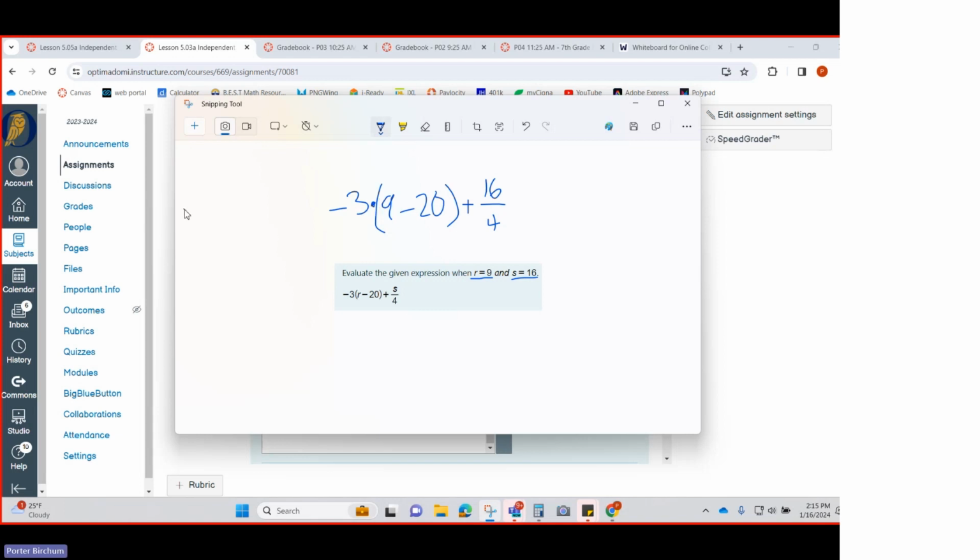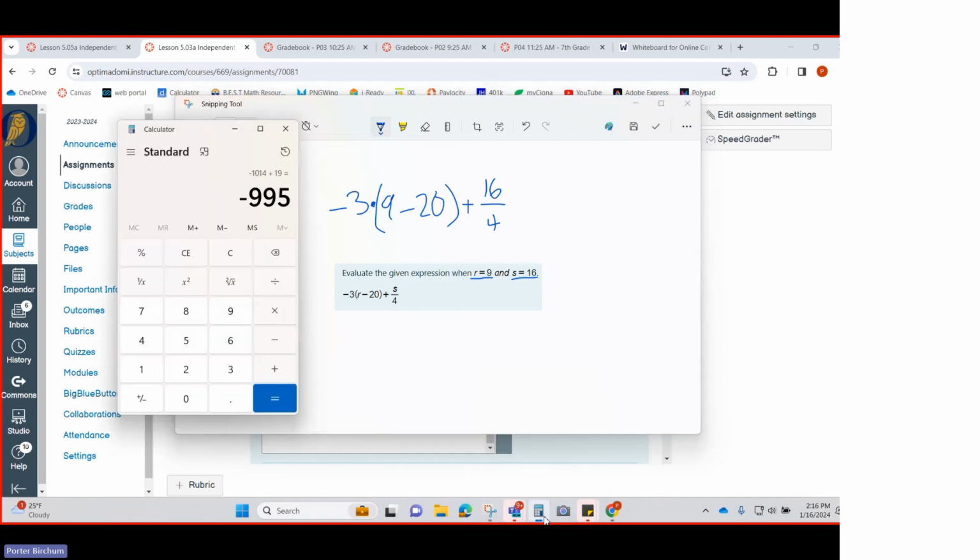But what do I do first? Let's write our map down. P, E, M, D, A, S. First is parentheses. Normally, subtraction would be at the end of our work, but since subtraction is inside parentheses, it skips the line, and now we do this first. So 9 minus 20. You start with 9, then you lose 20. What do you have left?